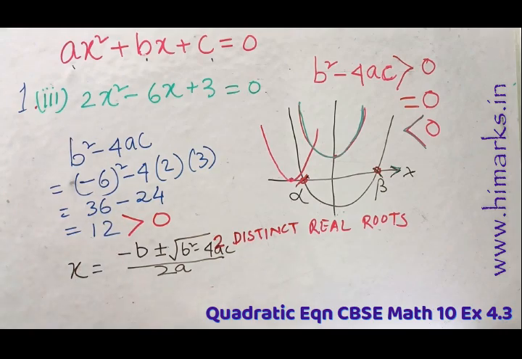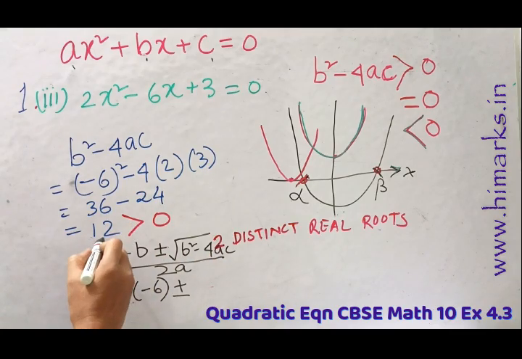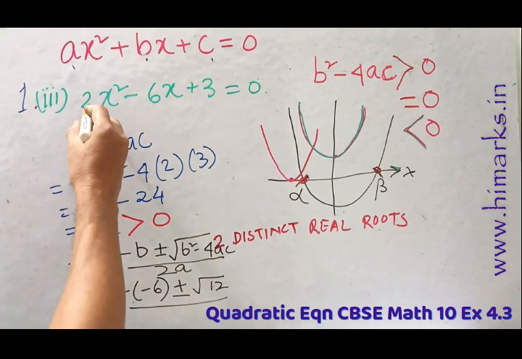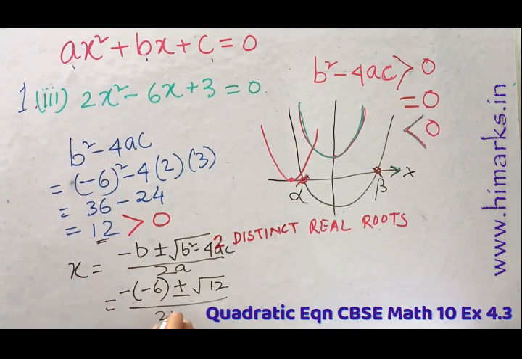Okay, so we have already found the b value is minus 6, so minus of minus 6 there, plus minus root of b square minus 4ac, which is 12, we have found already. So it is root 12 by 2 into a is 2, so 2 into 2. Now it is time for simplification.